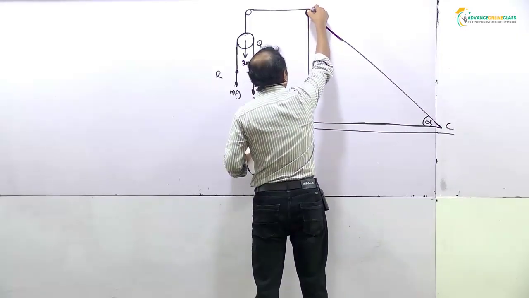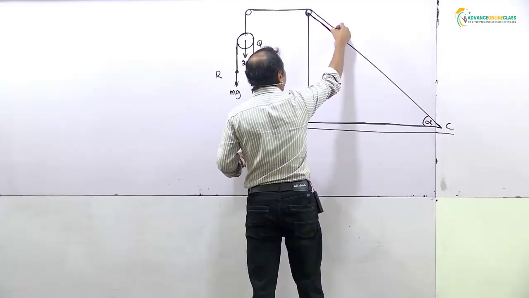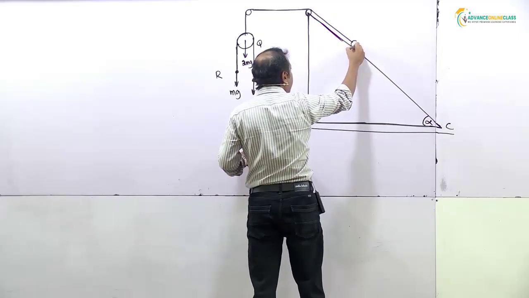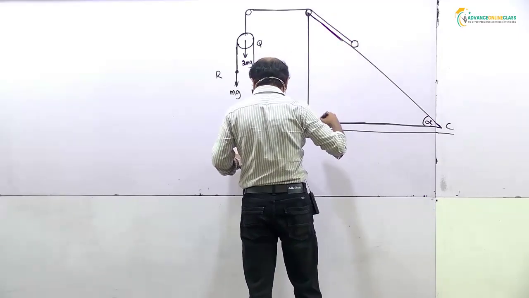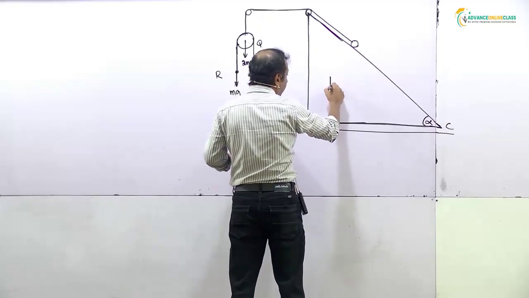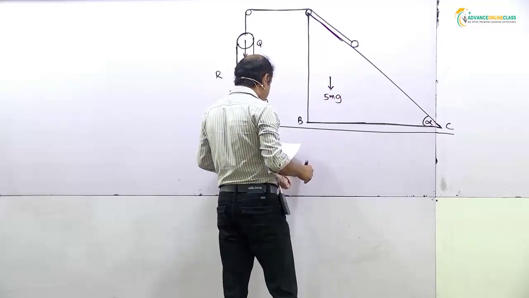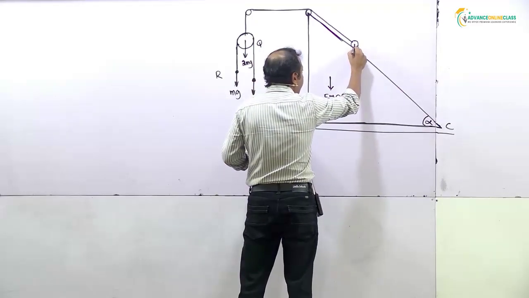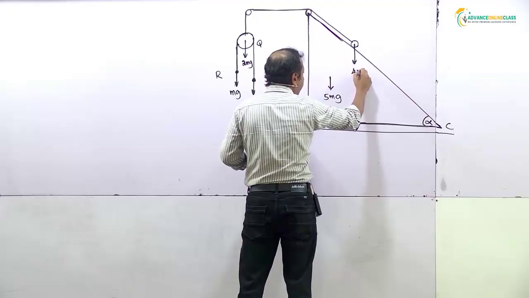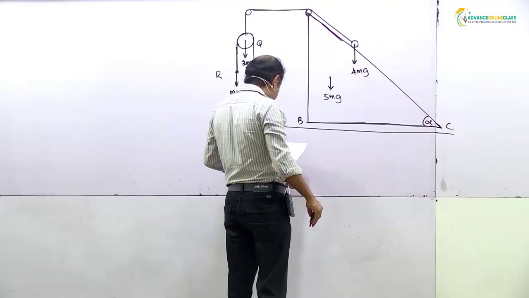Over this pulley a string passes this way. Right. Mass of the wedge is 5m. Here mass is 4m. Therefore weight is 4mg.